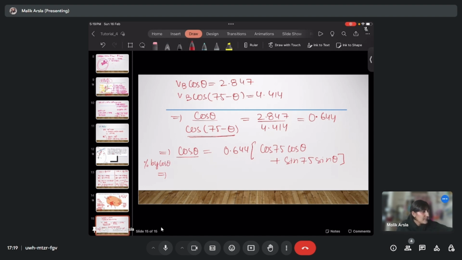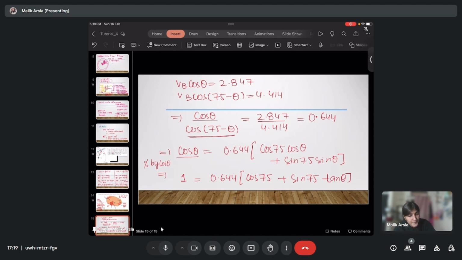So cos theta upon cos theta is 1, equal to 0.644 into cos 75 plus sin 75 into sin theta divided by cos theta, which will be tan theta, right?